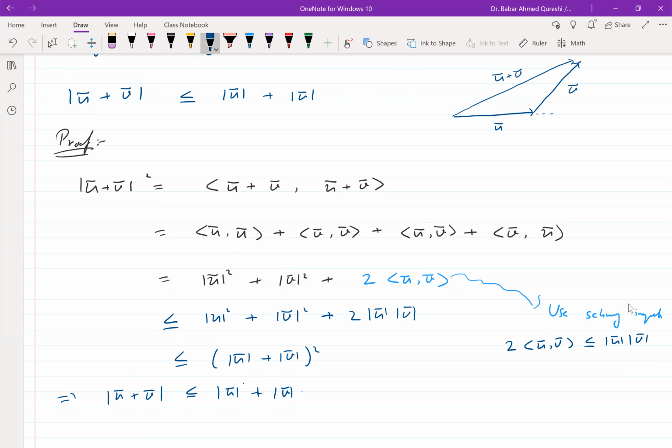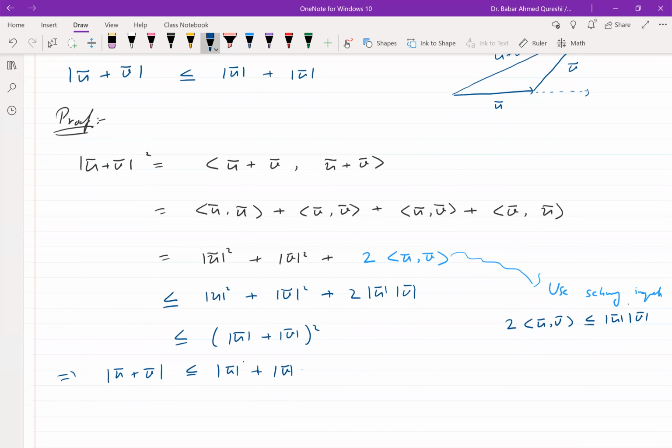And when will it be equal? You know that it will be equal if they are collinear, because then their sum would be just, you keep going from one to the second.